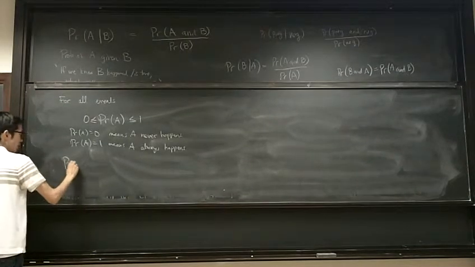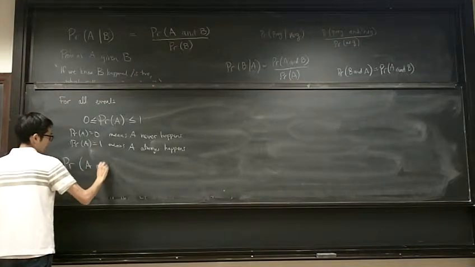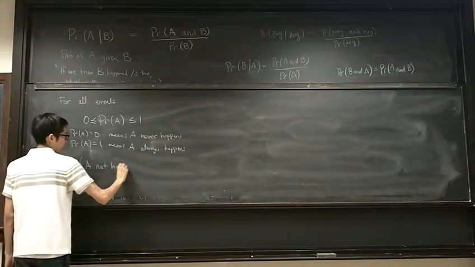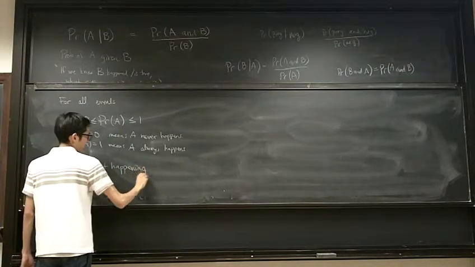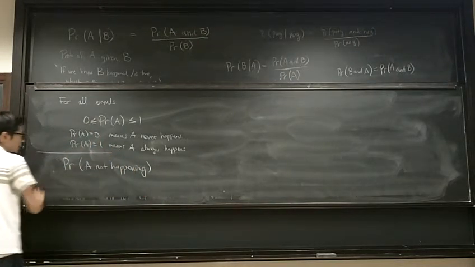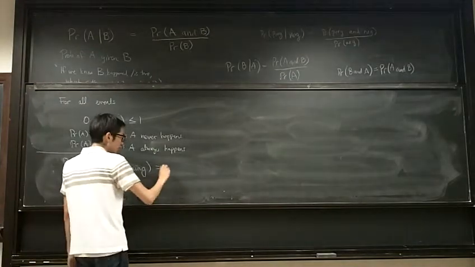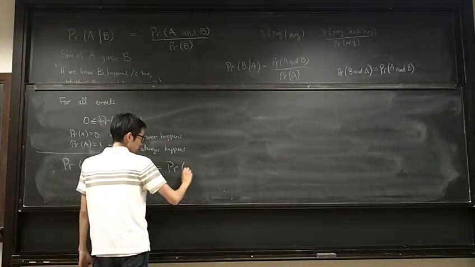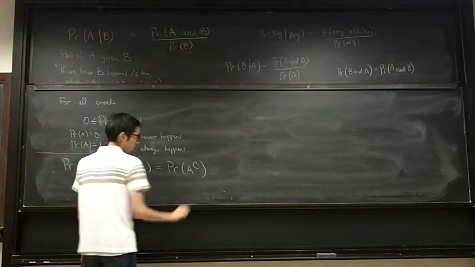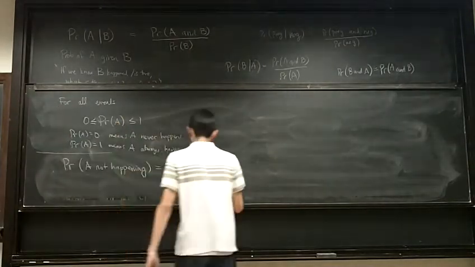The probability of A not happening, so this is wonderful, okay? This is another one. The probability of A not happening is known as the complement of A. So we write A complement, or we just write not A, or something.